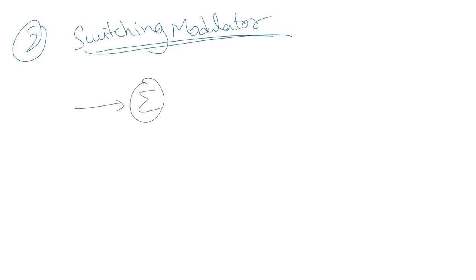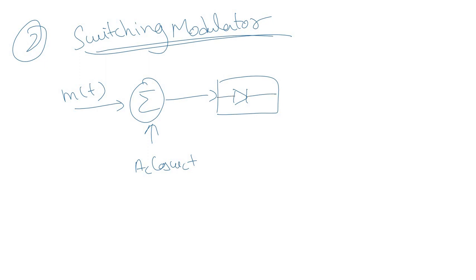We again have a summer which adds the message and the carrier signal, and then instead of the square law device, we have a switching device which is nothing but a diode, and then we have the same band pass filter, and then the output signal is expected to be a double sideband with carrier type of signal.